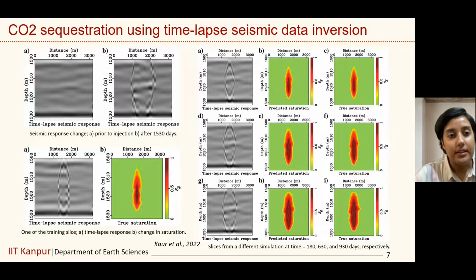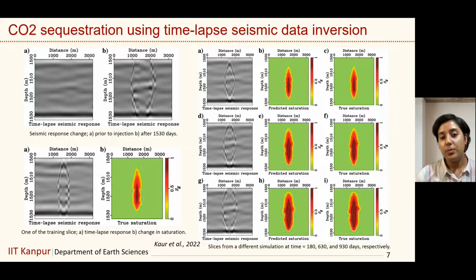So here in this first figure, in the top left section, figure A is a time-lapse seismic response, and by time-lapse I mean that with time we are again taking seismic data. Suppose today I'm taking the seismic data, and after 60 days I am taking the seismic data again, and then again after 120 days. So this is a time-lapse study that we also do in the seismic method. First is the normal seismic response before injecting the CO2.